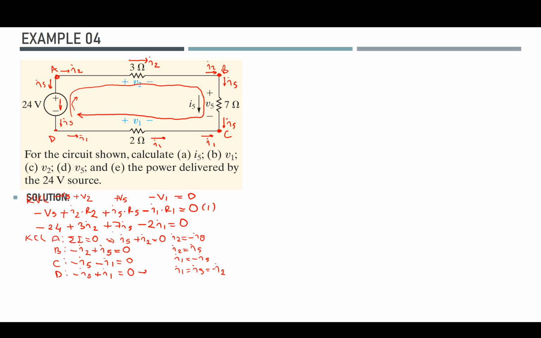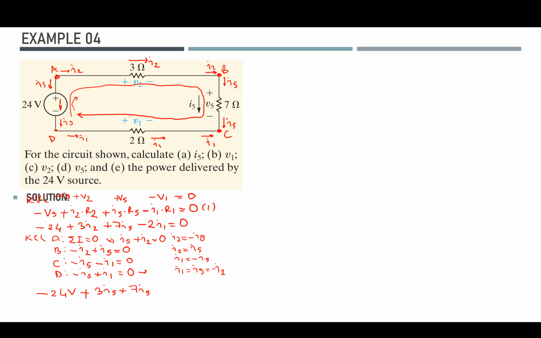Now, if I go into equation 1, I can simply substitute these values inside the equation and rewrite it like this. Minus 24 volts plus, now instead of I2, I can write I5, 3I5, plus 7I5, so I don't have to deal with it.